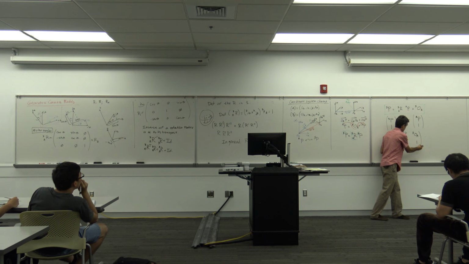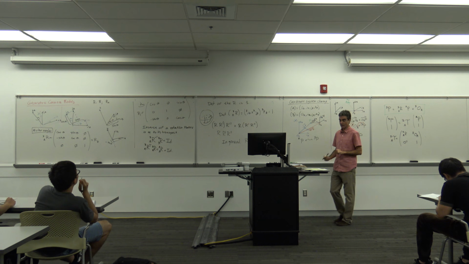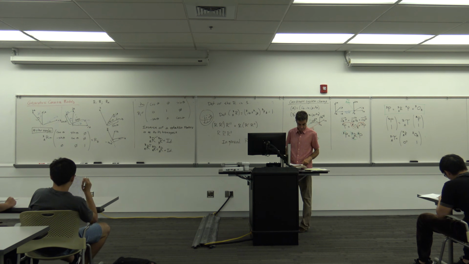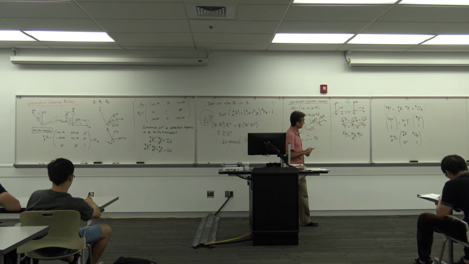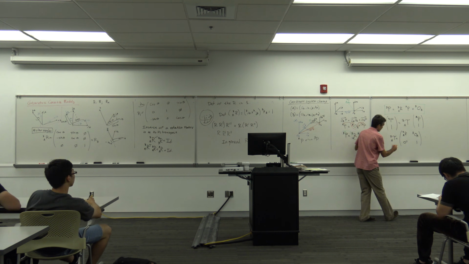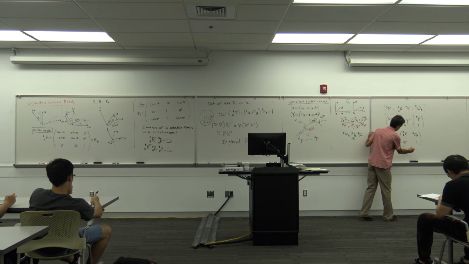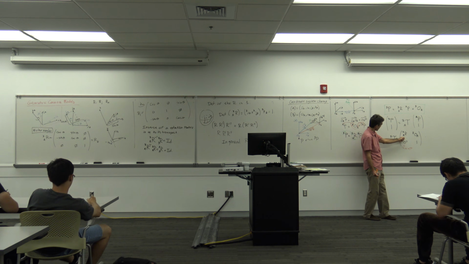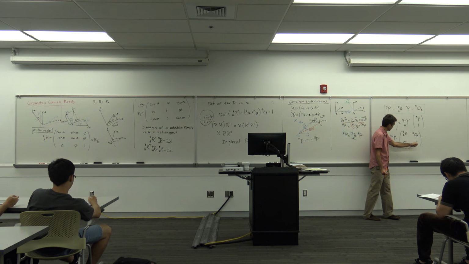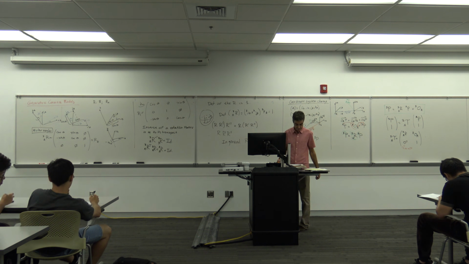A 1, right? 1 times 1, 1. There we go. So again, this is a vector with 3 zeros, so it's a 3 vector. This is a 3 by 3 matrix. This is a 3 vector. And my final one.